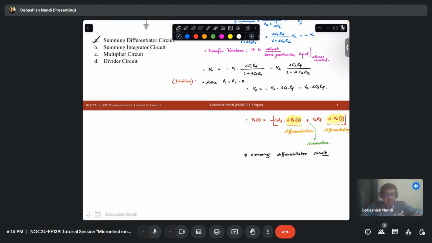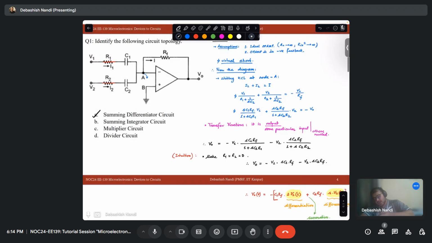Now to get more intuition about this, we'll just break down this problem. See, now if I just remove this, we can simply look at this part, okay? So this is a summer, fine. That much you know, that a summing amplifier will give you this kind of topology.